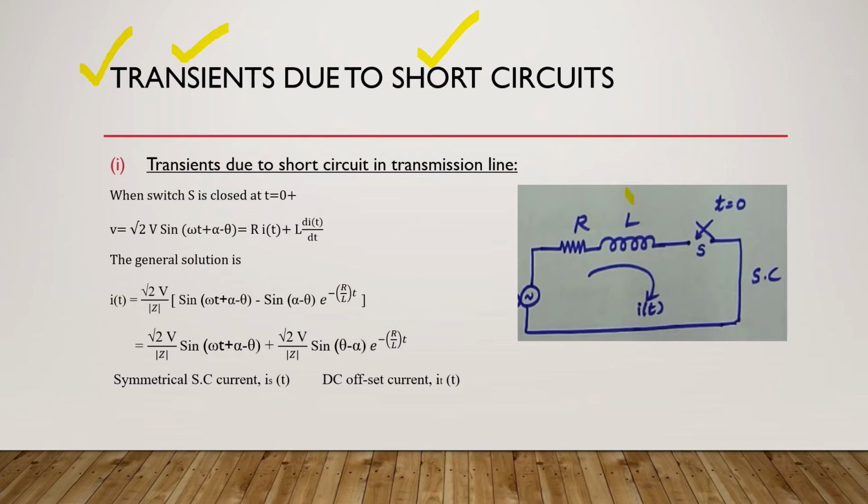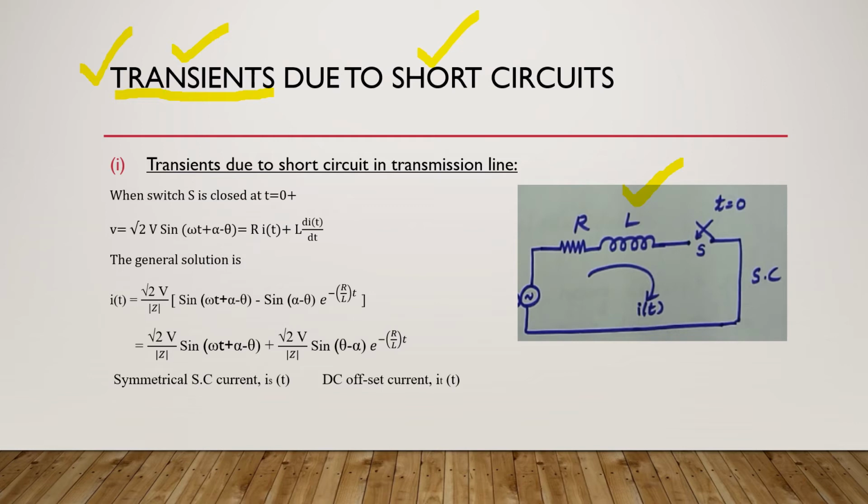The nature of an inductor is to oppose sudden changes in current. So when a fault occurs, a huge current flows into the system, and that will be opposed by our inductor. That is why there is a clear possibility of transients in the system, and we need to understand the transients due to short circuits.